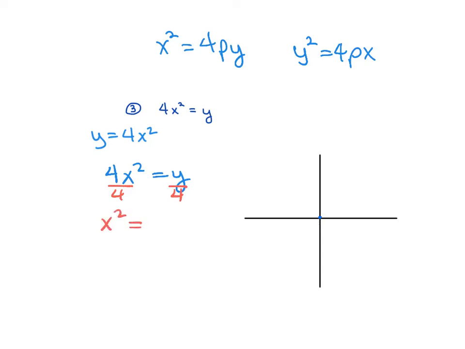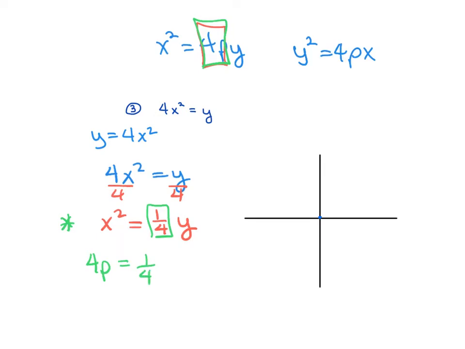And now I need a 4py value, or just a 4p value. So instead of leaving this as y over 4, I'm going to make this 1/4 y. Now I can grab my 4p value. So now here is my equation, but to find the value of p, I'm going to take 4p and set it equal to 1/4.